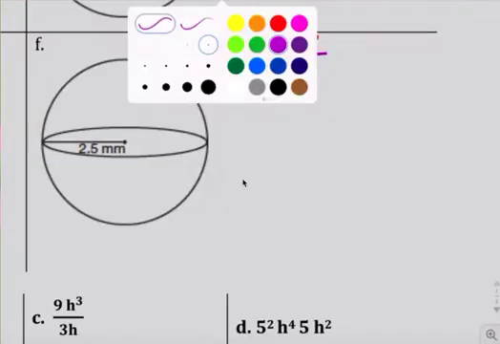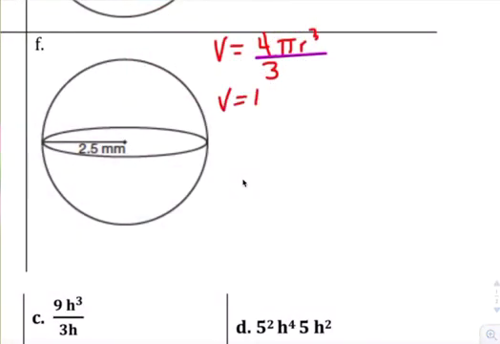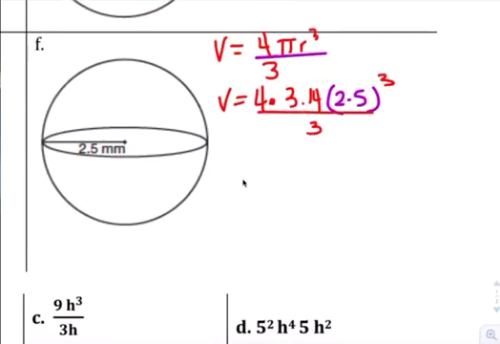So volume is 4 times 3.14 times radius cubed, 2.5 cubed, divide that by 3. Volume is equal to then, use your calculator, and when you use your calculator, you always do the exponent first, then times the rest.